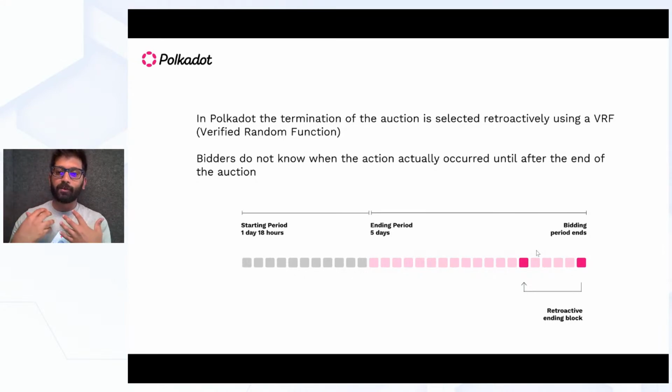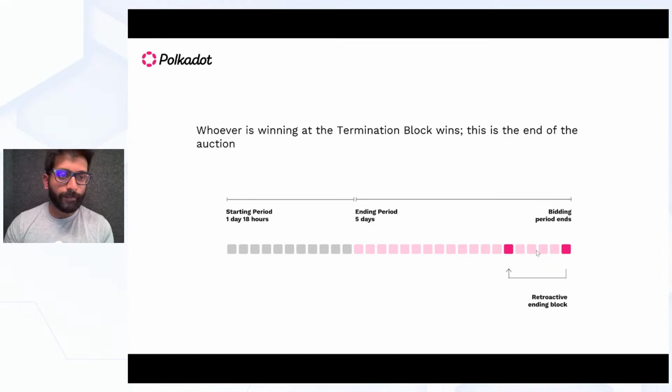Those DOTs will be used to secure the slot, and once the slot lease expires, your DOTs come back to you permissionlessly. So nobody is going to run away with your DOTs, right? All the ICO scams that you've heard of back in 2017, 18, all of those problems are eliminated by the permissionless nature of crowd loans. But yeah, whoever has the winning bid at the termination block wins the auction.